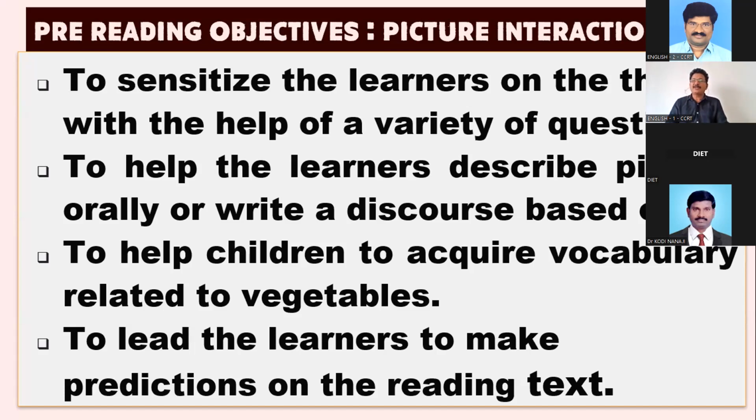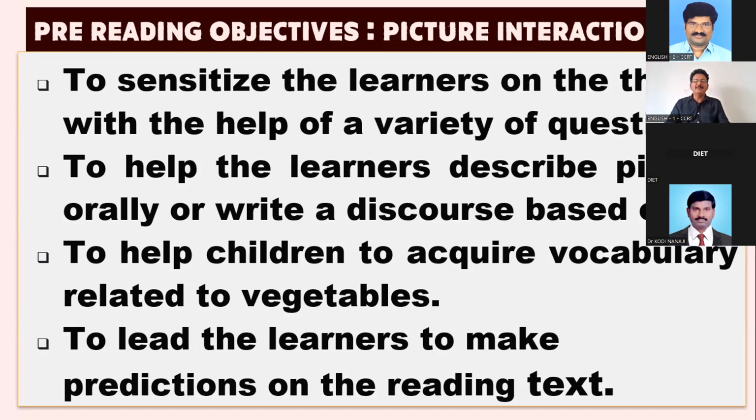The very first objective is to sensitize the learners to the theme with the help of a variety of questions. The second is to help the learners describe orally or write a discourse based on the picture.